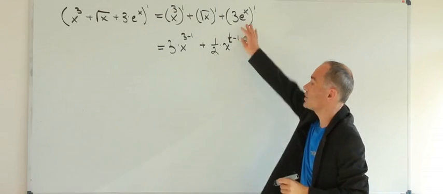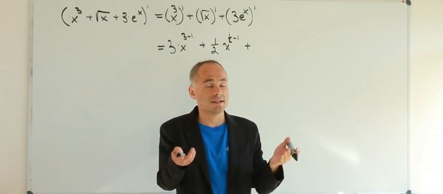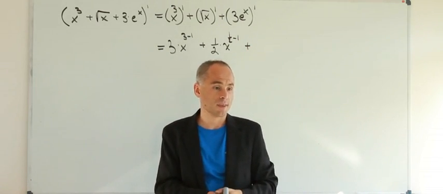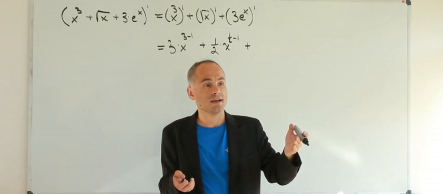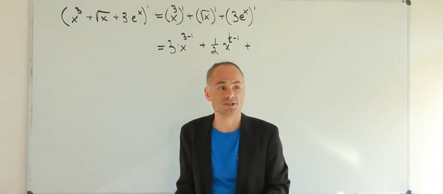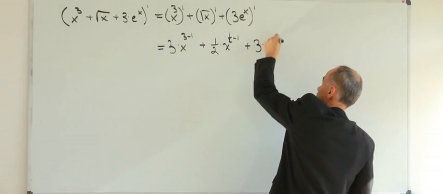And finally, 3e to the x. Here I have a product of a constant and a function, e to the x. Remember, the constant rule allowed us to take the constant outside of differentiation. So we get 3 times (e to the x) prime.